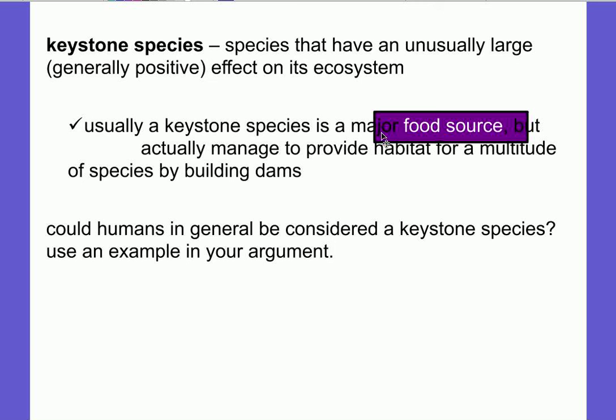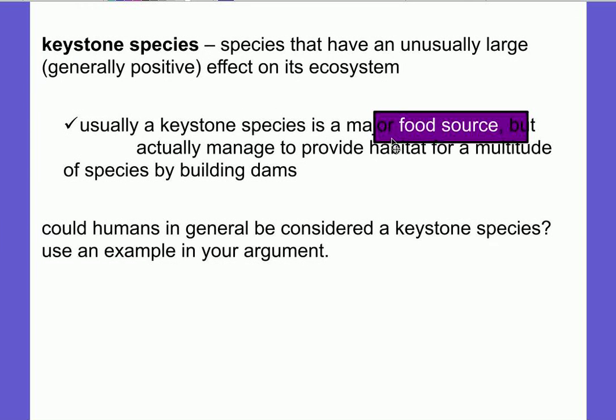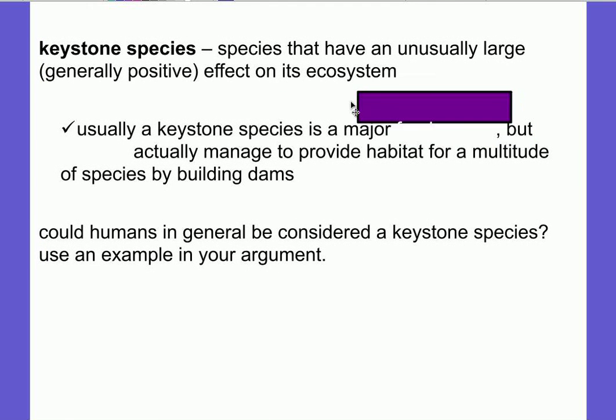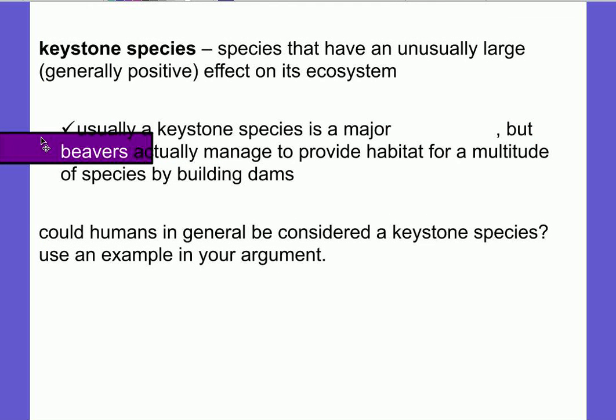But sometimes it's not a major food source. Sometimes, excuse me here, can't seem to grab the box. There we go. You have something like a beaver. They can manage to provide habitat for a multitude of species by building an environment, building an ecosystem all by itself.